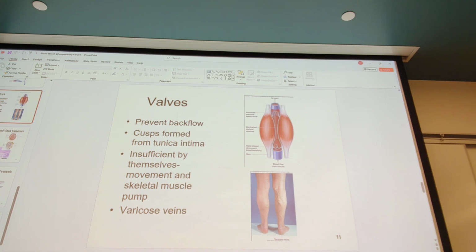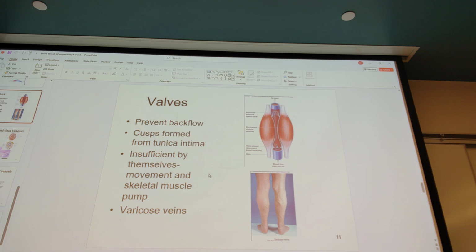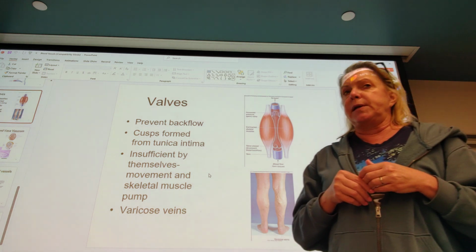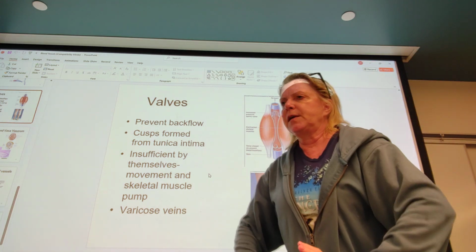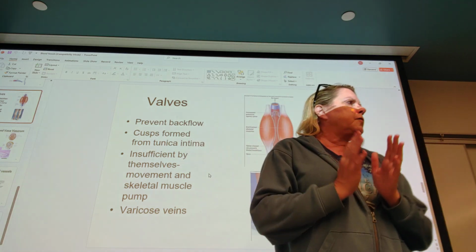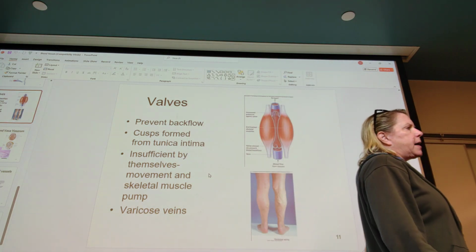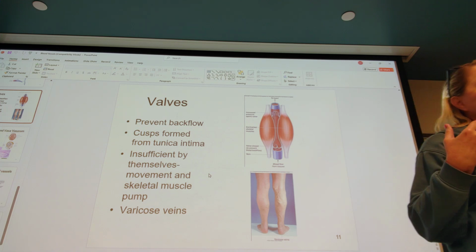Veins themselves are not a really good pusher of the blood, if you will. Their tunica media, like I said, is pretty thin. But how do we actually push blood up from one lower region of our body to a higher region?